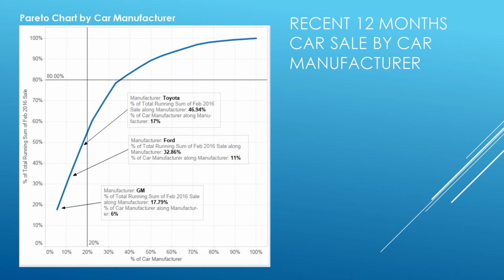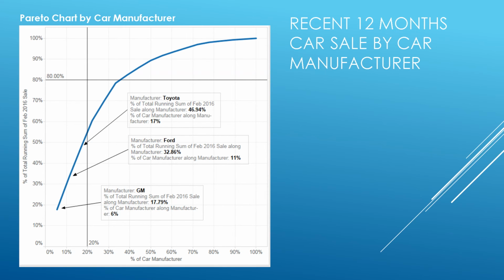Here I see the percentage of total and running sum. This particular graph is for February 2006 sales data, compiled from Edmunds.com, and based on that, GM has about 18% of overall car sales.